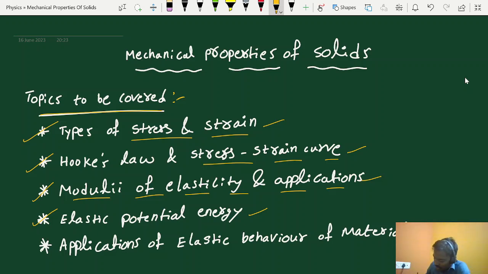In this concept we will be studying the energy stored in a wire due to its own weight, and when we stretch the wire, the work required to be done to stretch the wire, and then about the energy stored in a wire. These type of concepts we will be studying in the elastic potential energy, and at last the basic applications of elastic behavior of materials.